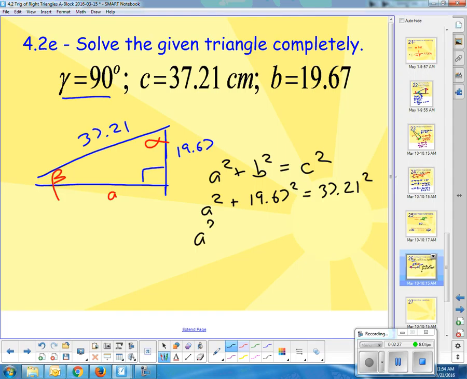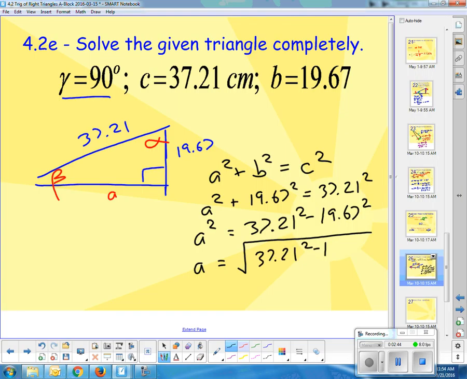Now, instead of putting any of this into the calculator, I'm going to rewrite it as 37.21 squared minus 19.67 squared, just subtracting that from both sides. And understand that I'm going to need to take the square root of both sides. And 37.21 squared minus 19.67 squared.